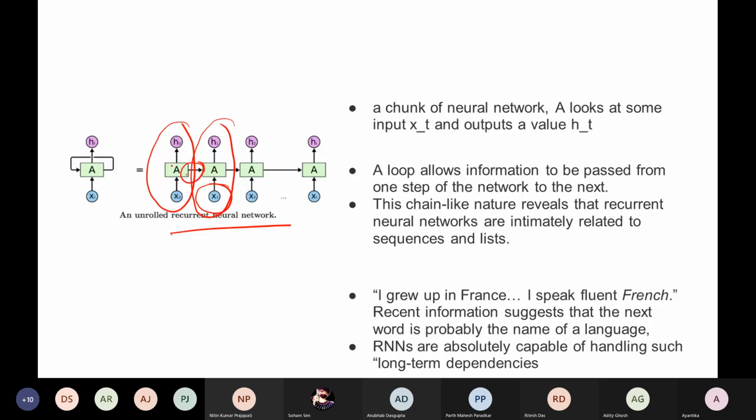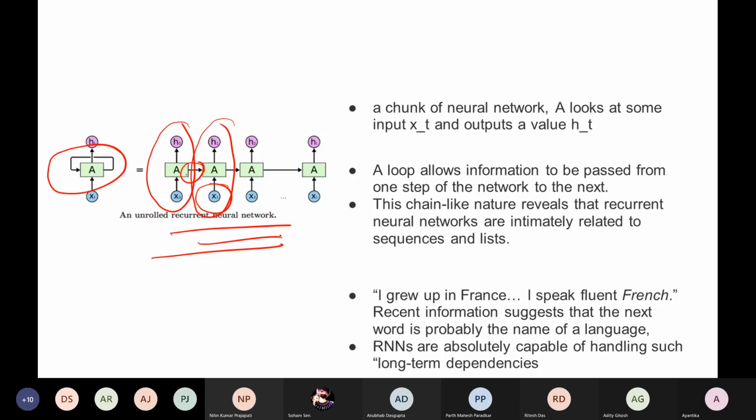You can think of it as a feedback loop. Not all of the input comes from outside; the network itself gives some input to properly understand the next temporal sequence. This is how you can think about unrolling one recurrent neural network.